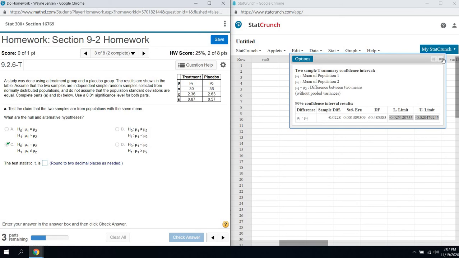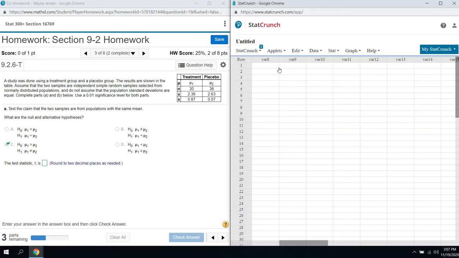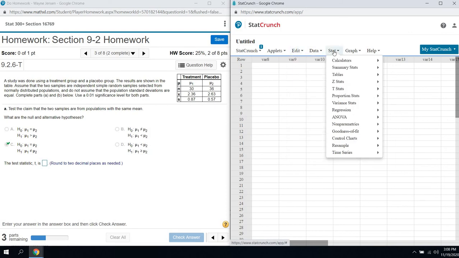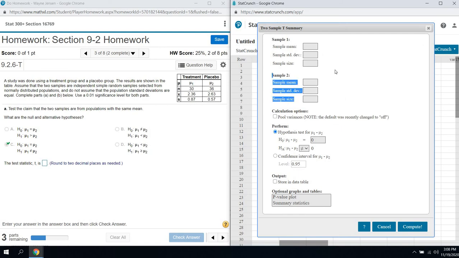Now we're going to close this one out, but we're going to come over here with our new data because it's going to ask for a test statistic. So again, we go to stats. This is a t-test statistic. T, 2 samples. And we have it summarized. Sample mean. So let's plug in the sample mean for the first sample: 2.36.